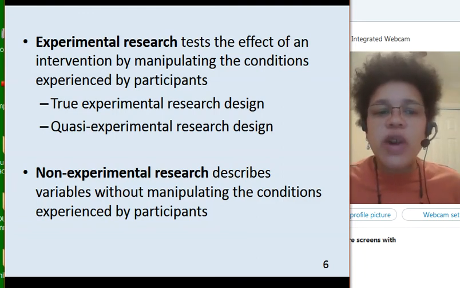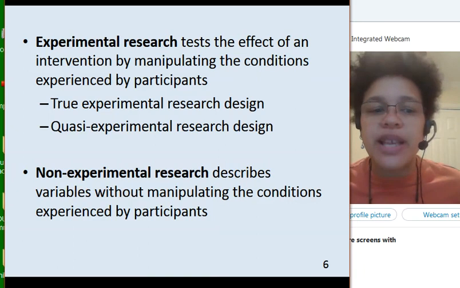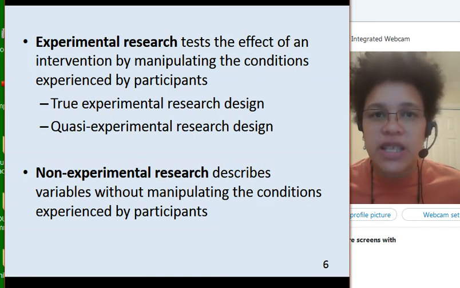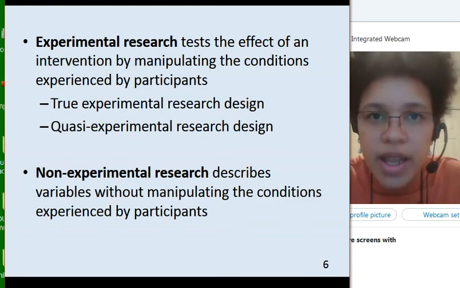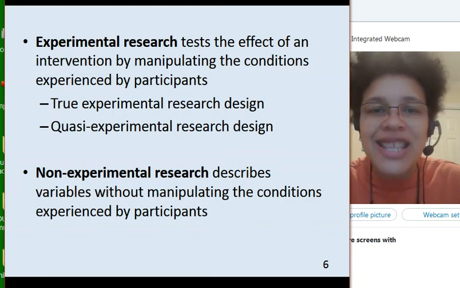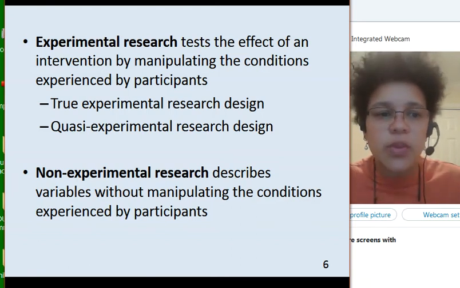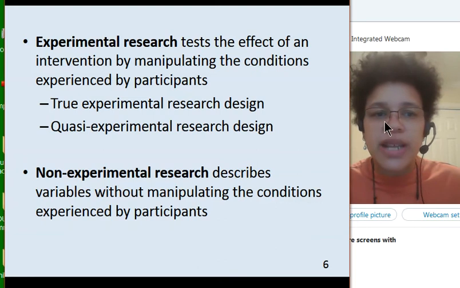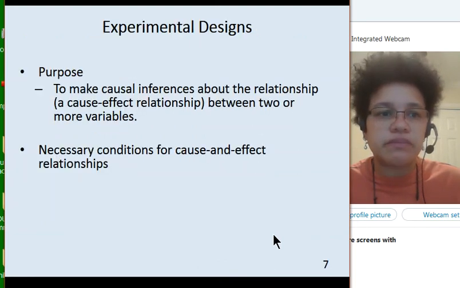Non-experimental research describes variables without manipulating the conditions experienced by participants. In experimental research the researcher is in control of what the participants experience, and in non-experimental research the researcher is not in control of what the participants experience. That's another way of looking at the difference.